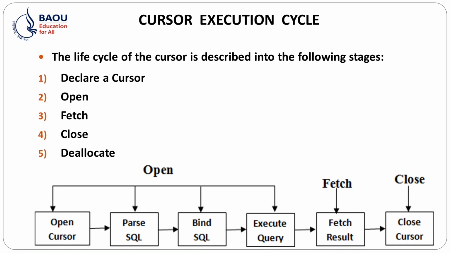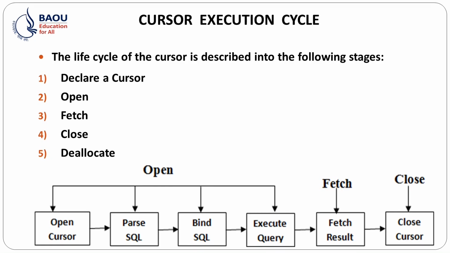The fetch phase: in this phase, the record to which the record pointer points is retrieved from the record set. The record pointer will move only in a forward direction. The fetch phase is live until the last record is reached.